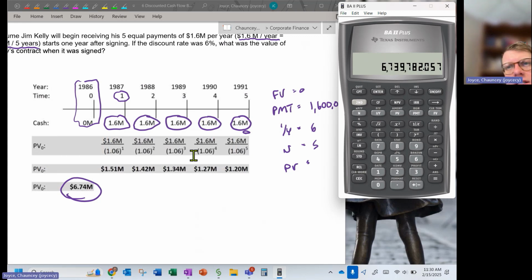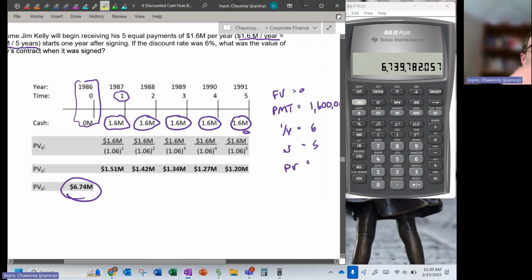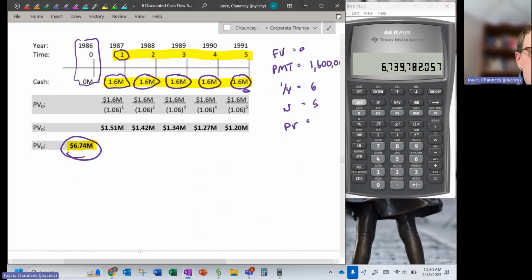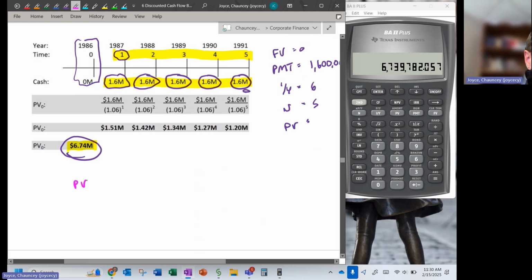Now, one thing to think of is if Jim was offered a choice between would you like your 8 million spread evenly over the next 5 years, or would you like a lump sum of 6.74 million? Jim is indifferent at this point. And this point of indifference, the way I like to think about it is in terms of an equation.